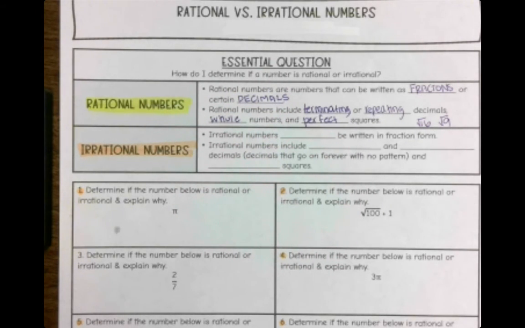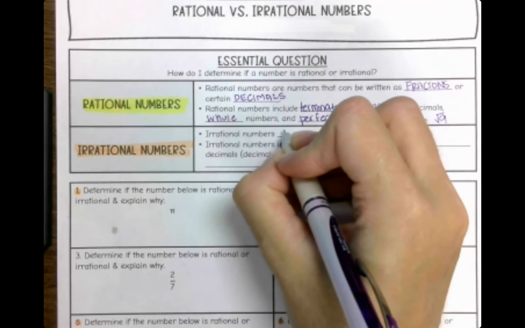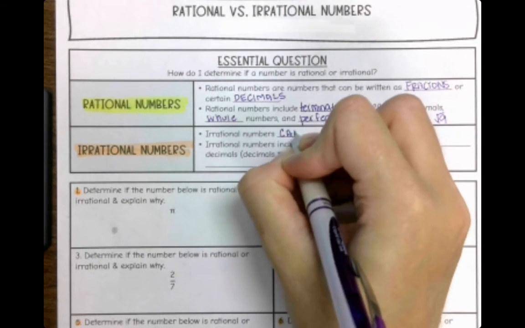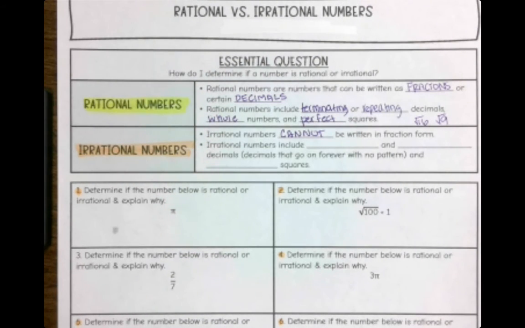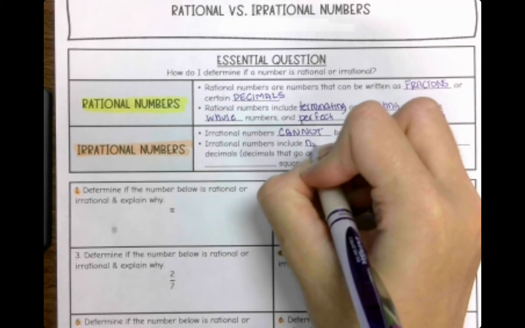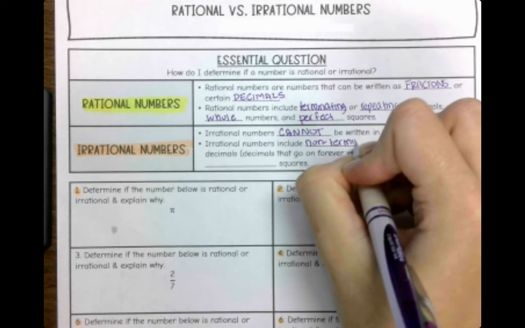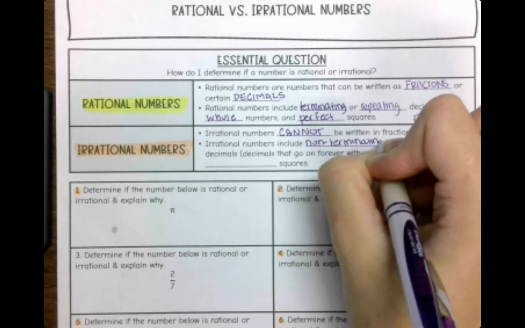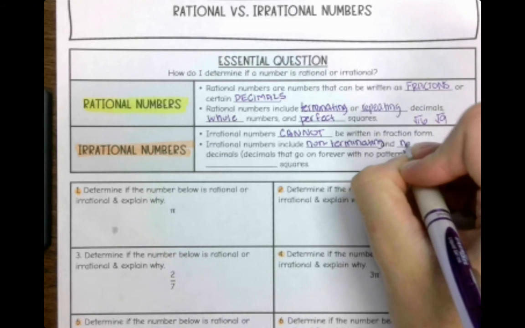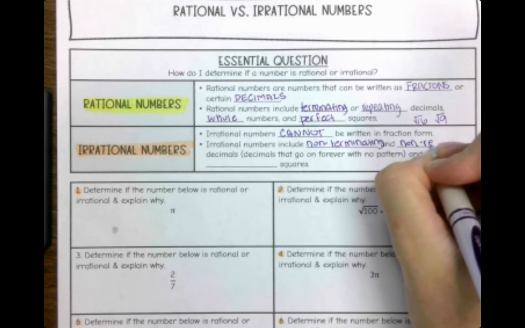All right? Irrational numbers, on the flip side, cannot be written as fractions. They include non-terminating, and again, that's just a fancy word for stopping, and non-repeating.